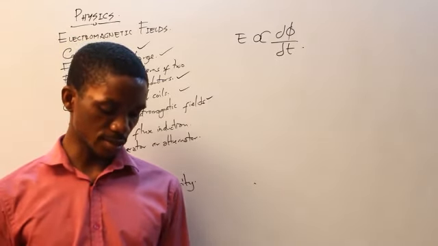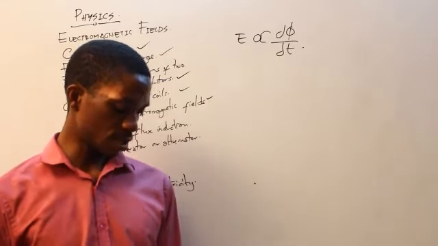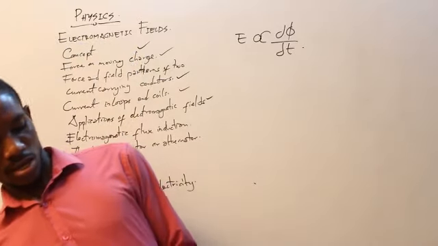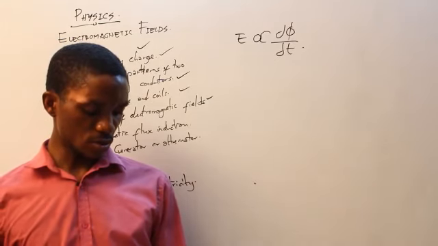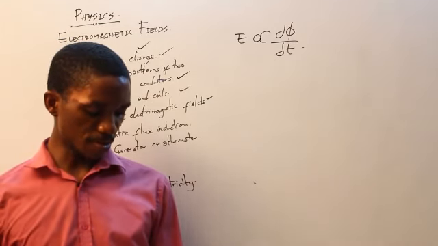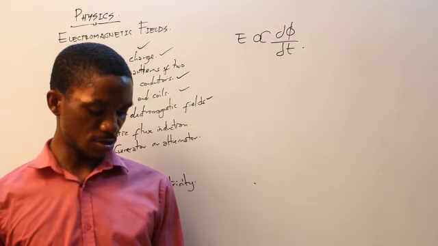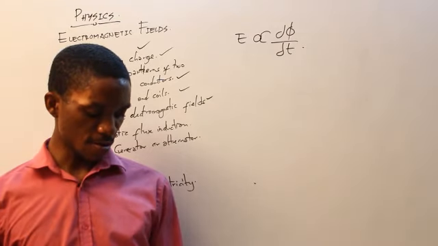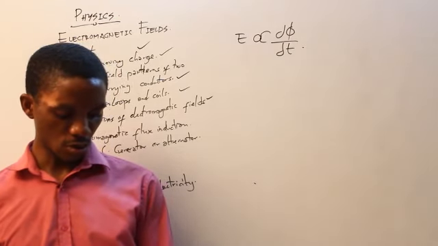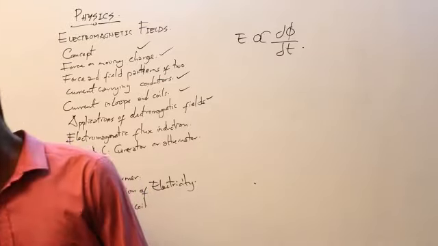Fleming's right-hand rule says if the thumb and two fingers are held at right angles to each other, the first finger points in the direction of the magnetic field, the thumb points in the direction of the motion, while the second finger points in the direction of the current.